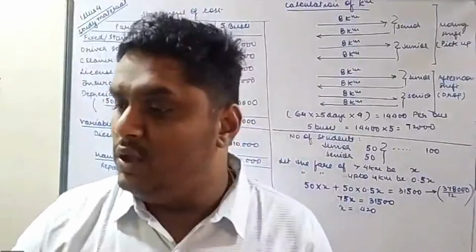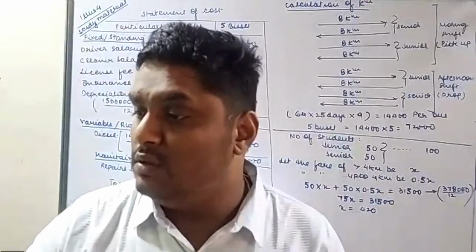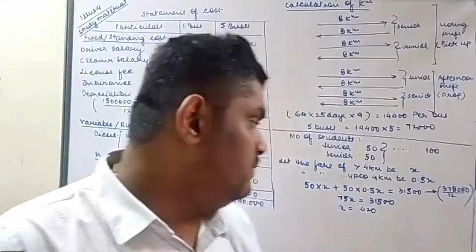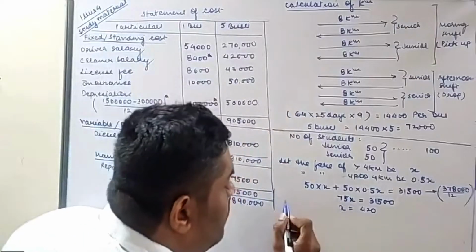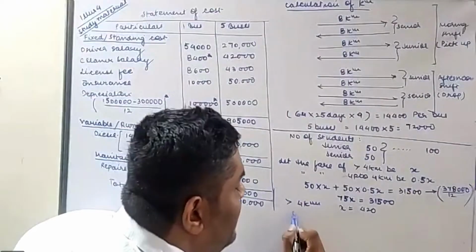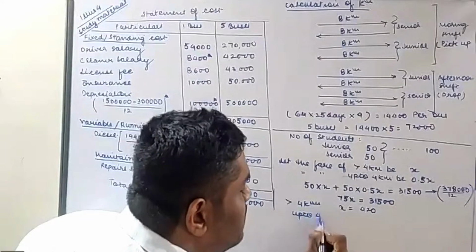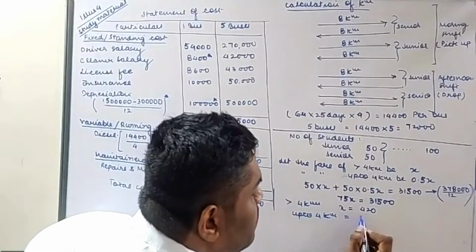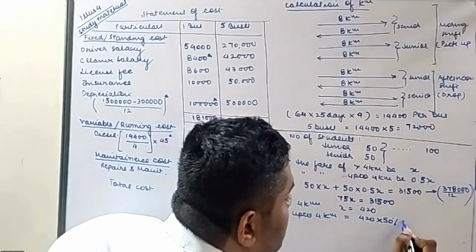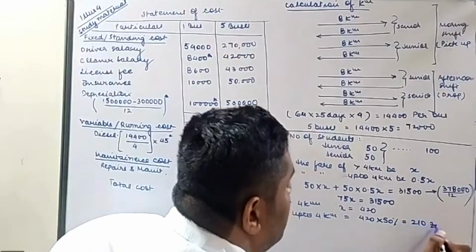Anyone with any doubts or queries, you guys can please post. So we can say more than 4 kilometers, the fare will be 420, and up to 4 kilometers, it will be 420 into 50%, that is 210.